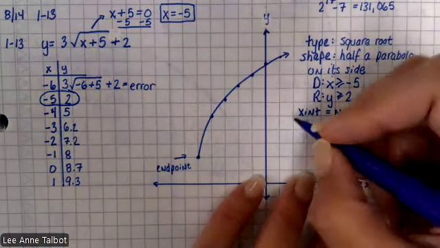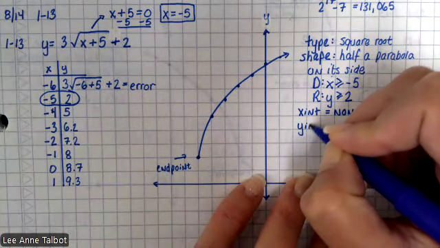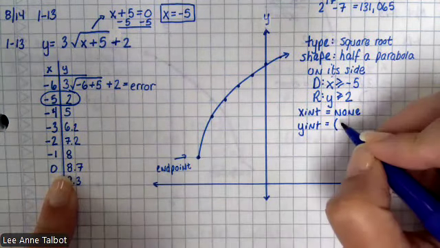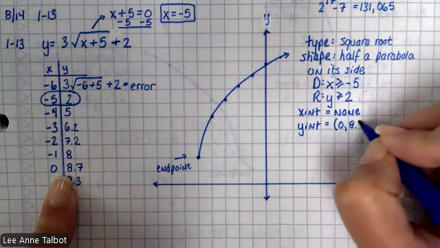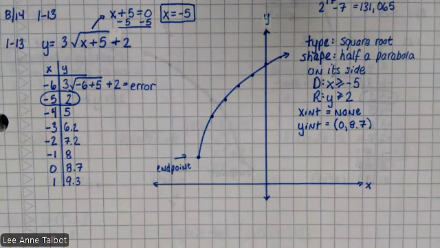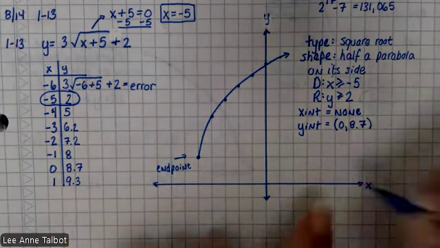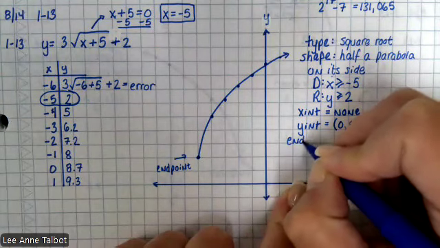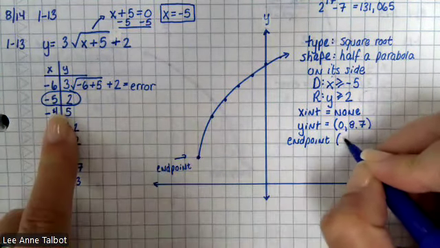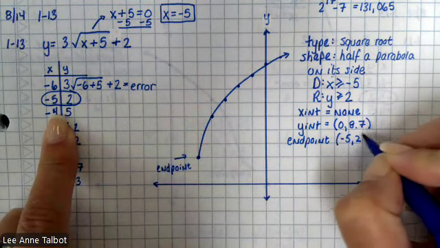It does have a y-intercept of (0, 8.7). So those are its intercepts. It has an endpoint of (-5, 2).